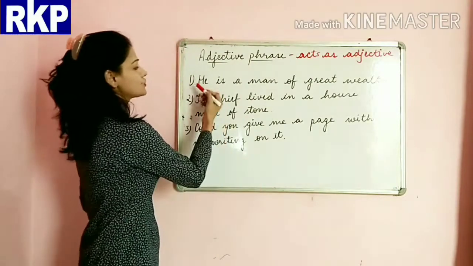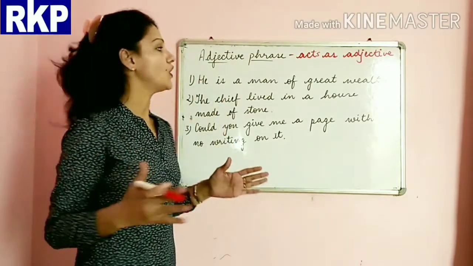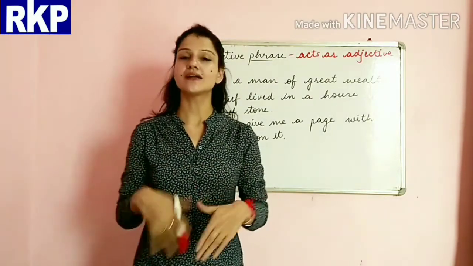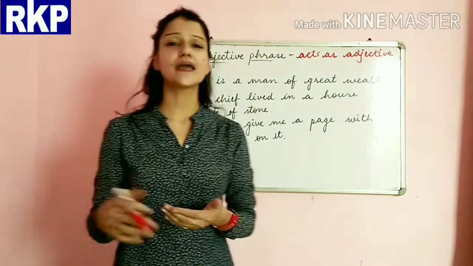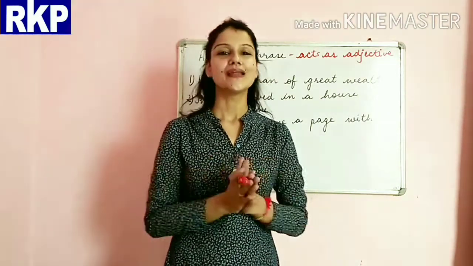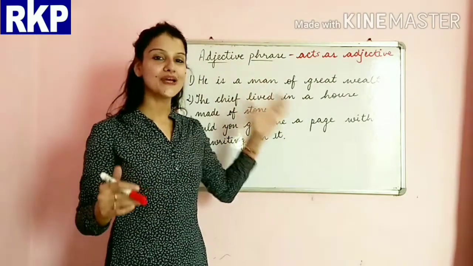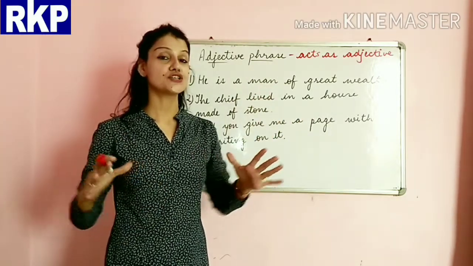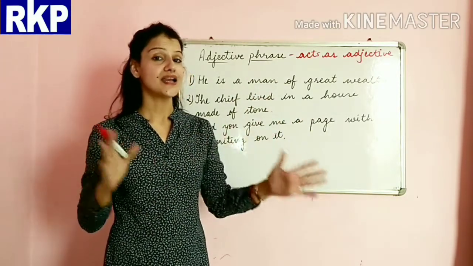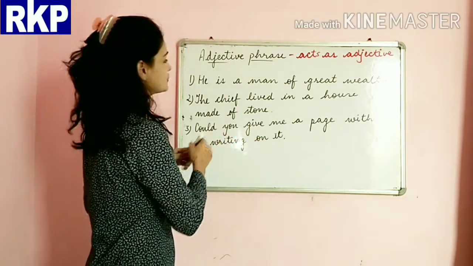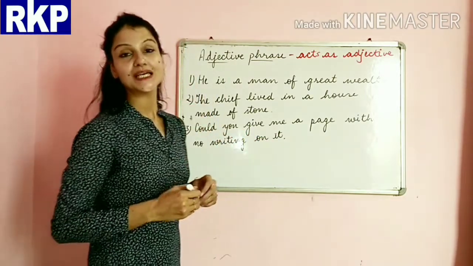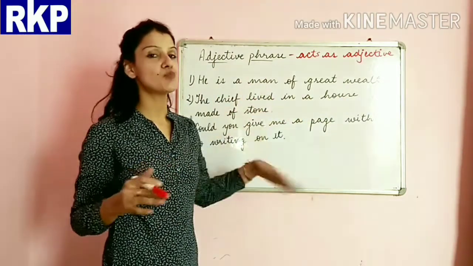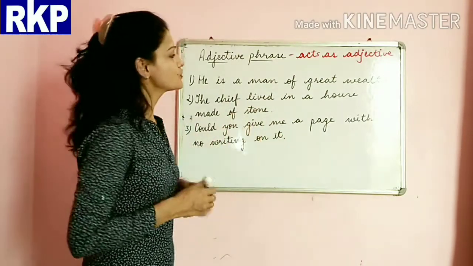First is, he is a man of great wealth. We all know that adjectives are describing words. They describe a noun or a pronoun. Here we try to find out which is the noun and which words together are acting as the adjective phrase. The pronoun he must have some words giving us more information about it.